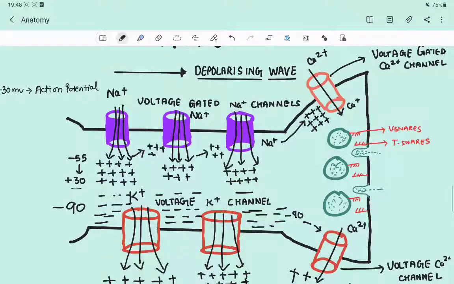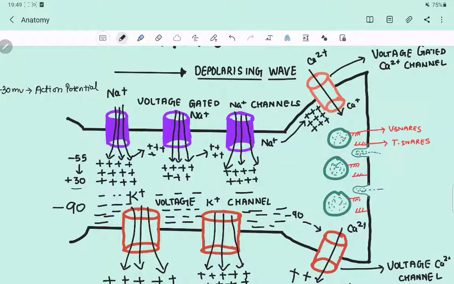Due to this, the synaptic vesicles which are located here, as we discussed in the first lecture, contain the neurotransmitters, and they have V snares, which are hook-like structures located towards the terminal side of the synaptic vesicles.